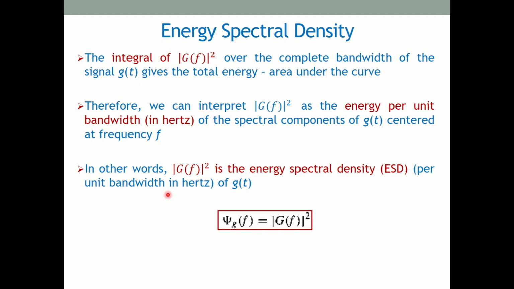The unit is per unit bandwidth in hertz of g(t), so this is basically the unit of energy divided by the unit of frequency, which is normally hertz. This energy spectral density is denoted by psi g(f), and this is equal to the magnitude square of G(f). So we have discussed the energy spectral density.